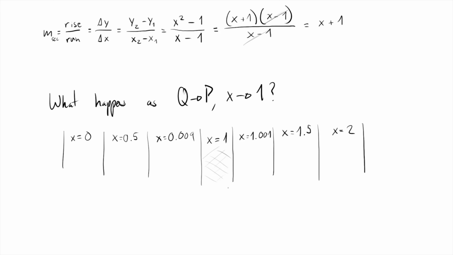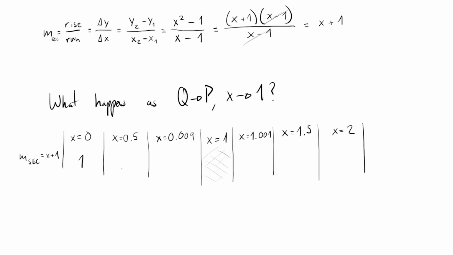If we take a look, what is our equation for the slope of the secant line? M secant, the slope of the secant line, is x plus 1. We calculated that up here. Now we can just substitute in our x value. When x is equal to 0, we get 0 plus 1, which is 1.